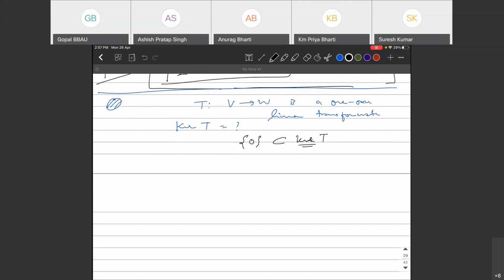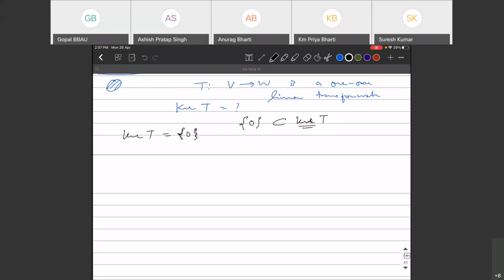Yes, sir. Let's prove this: if T is one-one, then the kernel of T is 0. Take v belonging to the kernel of T. This implies Tv equals 0.